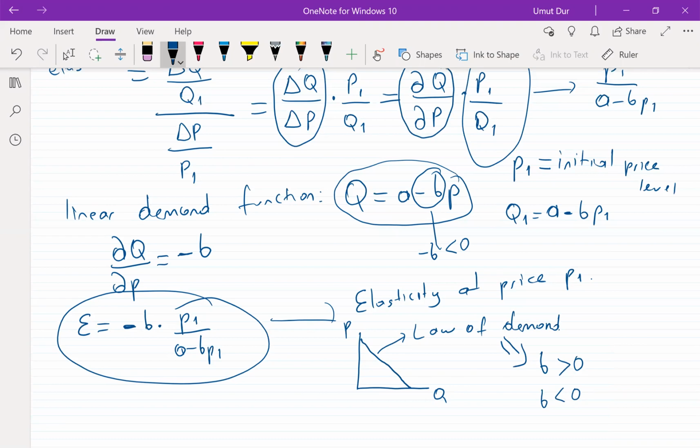But then it will give us b is greater than 0. So minus b is less than 0, but b should be greater than 0. Is that clear?